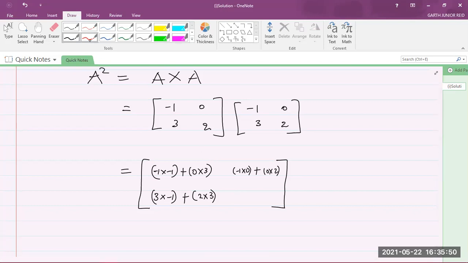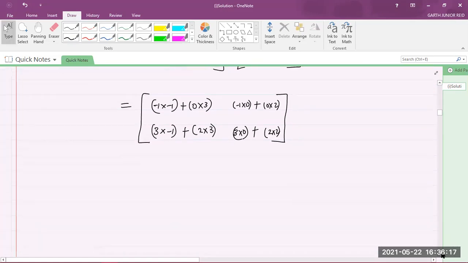And my final element is going to be from the second row by the second column. So second row times second column, which will give us 3 times 0 plus, we're going to have 2 times 2. Okay, that is our matrix A squared. Let's just simplify it a bit.